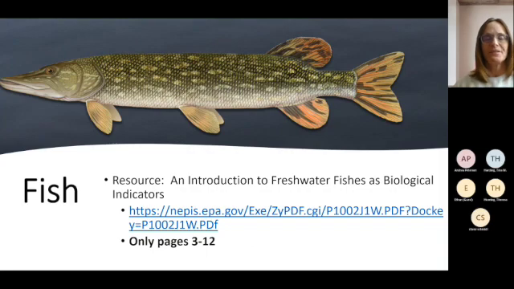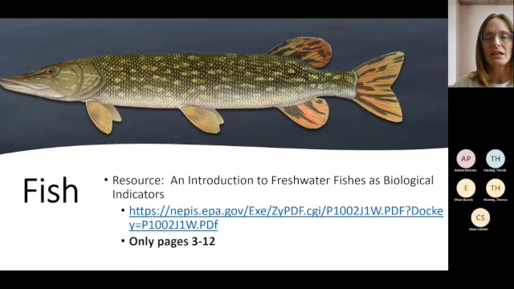Now we're going to move on to fish. Fish can also be used as a biological indicator. But as you'll see when I get into it a little bit more, there are some advantages and disadvantages to using fish. And all the information that I'm using is only from the resource, An Introduction to Freshwater Fishes as Biological Indicators.